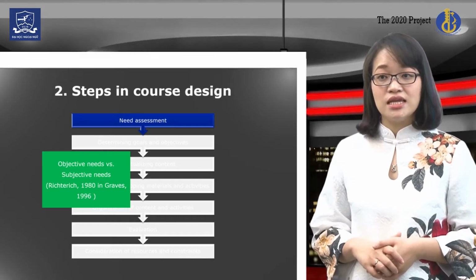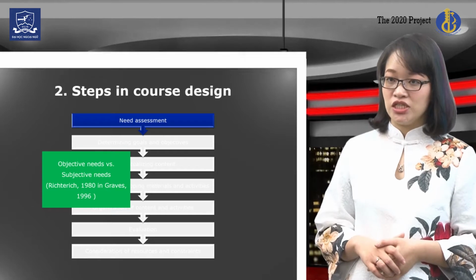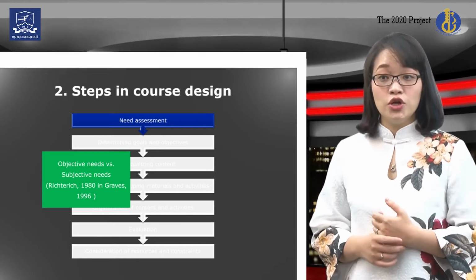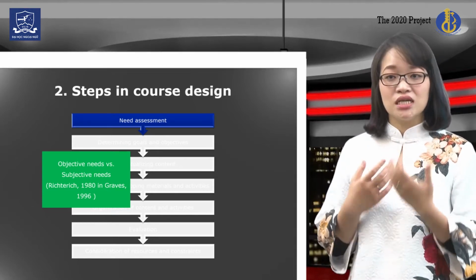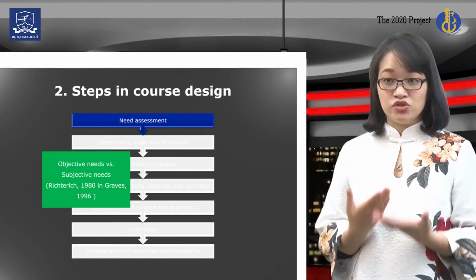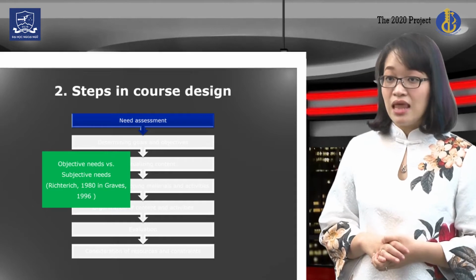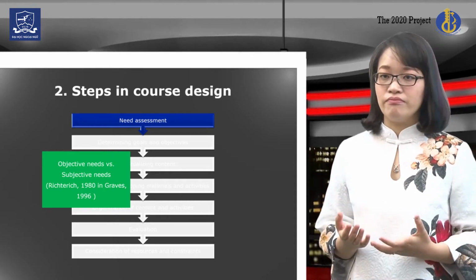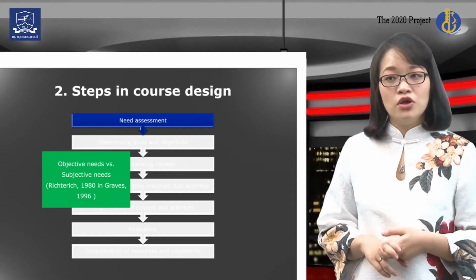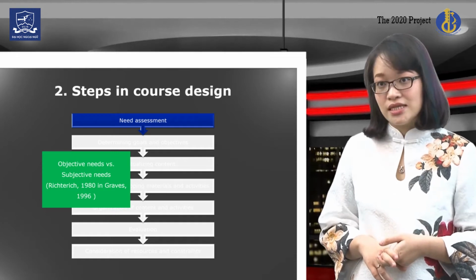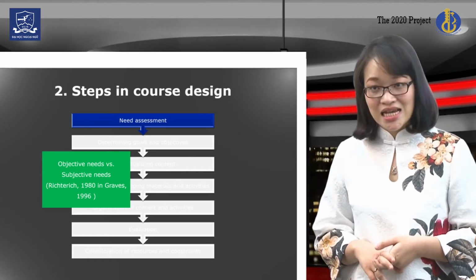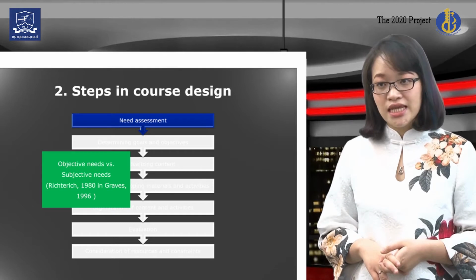Assessing objective needs includes 3 pieces of information about: 1. The learner's background, such as countries and culture, education, family, profession, age, language spoken, etc. 2. The learner's proficiency or abilities in speaking, understanding, reading, and writing English.